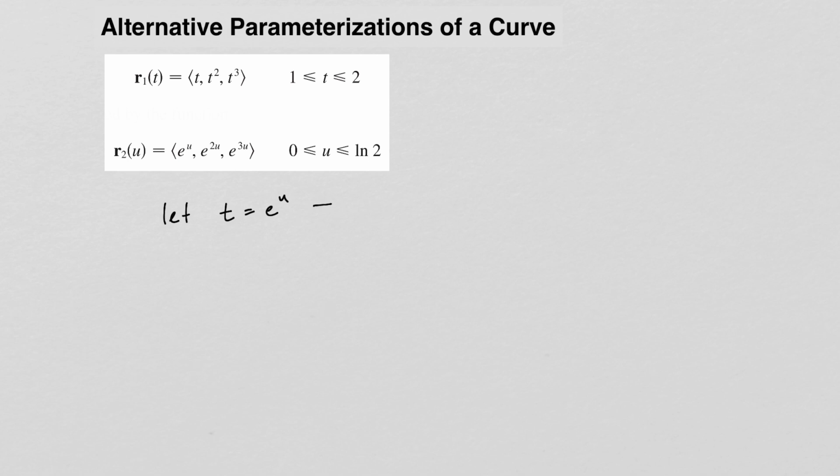But if that's the case, then t squared would be e to the u quantity squared, which is e to the 2u, and also t cubed would be e to the u quantity cubed, which is e to the 3u. So you can see that t is the same as e to the u, t squared is the same as e to the 2u, and t cubed is e to the 3u.